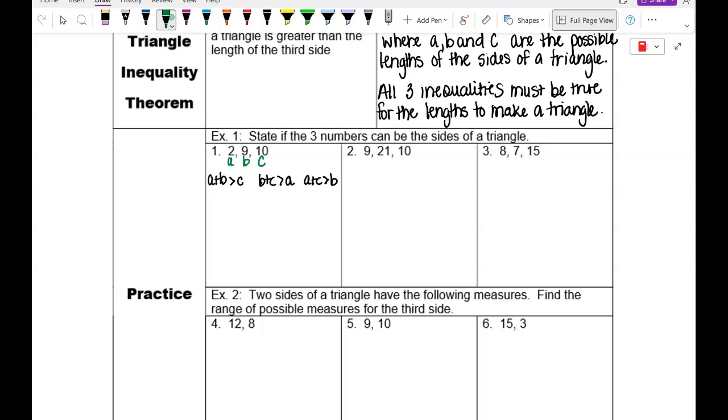So in this case, 2 plus 9 has to be greater than 10. Well, 2 plus 9 is 11. 11 is greater than 10. That is a true statement. 9 plus 10 has to be greater than 2. 19 is greater than 2. That is also a true statement.